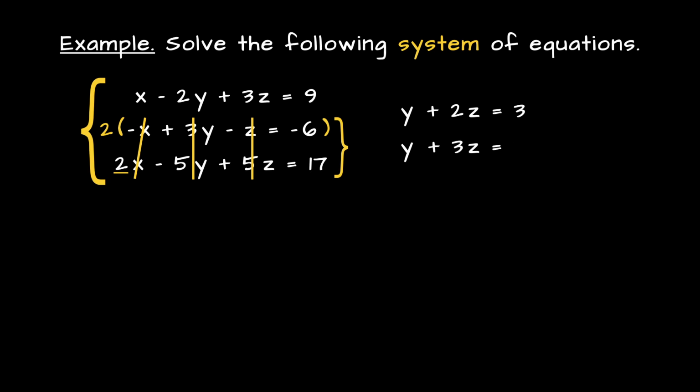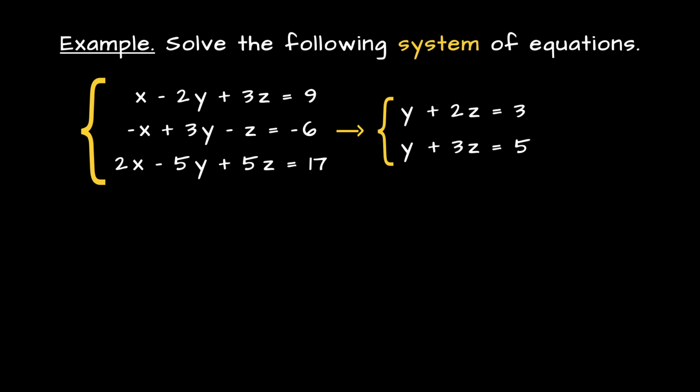And adding the right-hand side together gives us 2 times negative 6, that's negative 12, plus 17, which is 5. Notice how our original system of three linear equations in three variables has now been reduced to a system of two linear equations in two variables, which we can solve using known techniques.